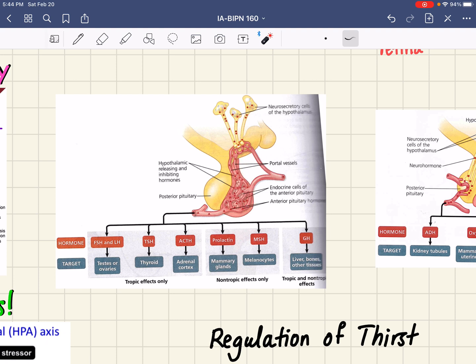And what I'd like you to understand in this picture is these neurons up here release hormones into this portal system, and those hormones are called stimulating hormones. Okay, and why are they called stimulating hormones? Because these hormones will be put into this portal system and they will flow into the anterior pituitary.